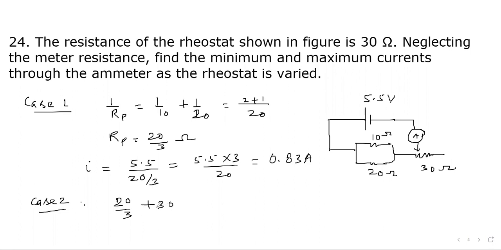So this is 6.67, 36.67 ohm, and then we calculate the current. So I in this case will be 5.5 divided by 36.67. So this will be around 0.15 ampere.